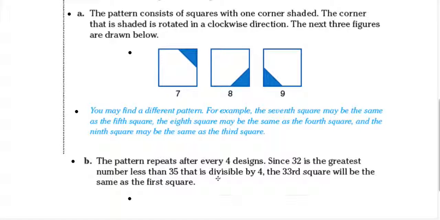Since 32 is the greatest number less than 35 that is divisible by 4, the 33rd square will be the same as the first square.